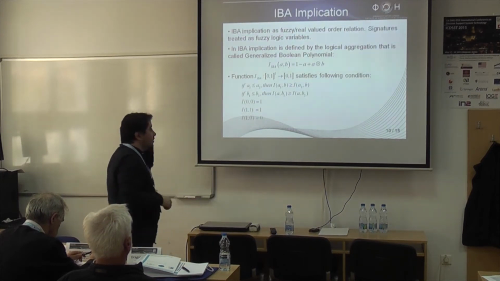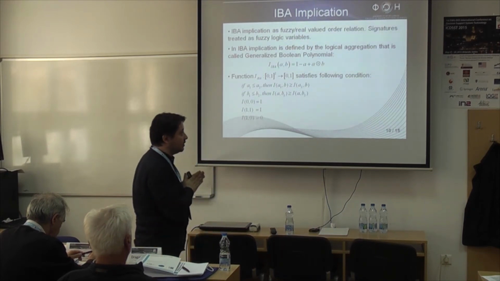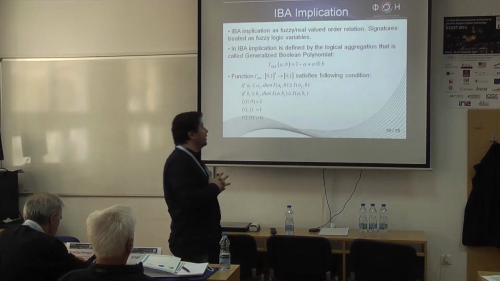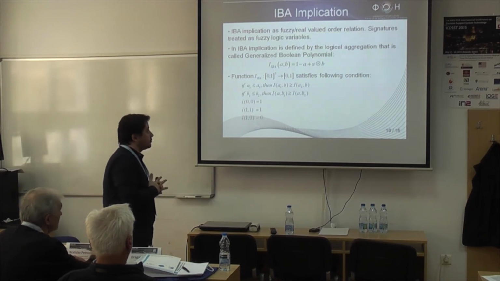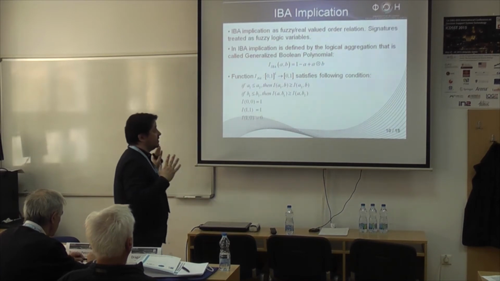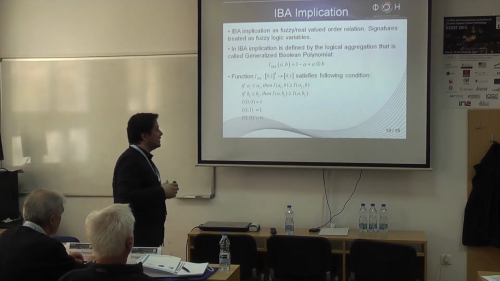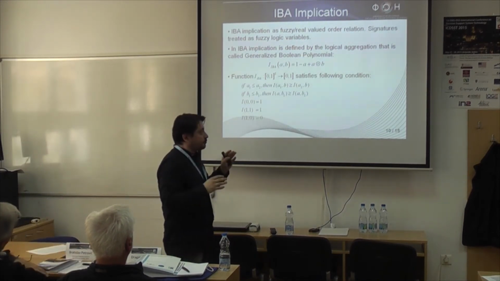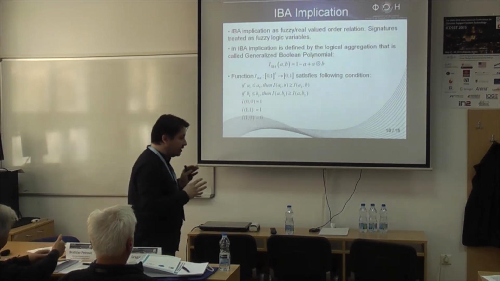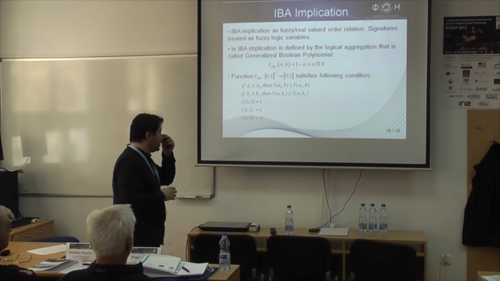In order to establish an order relation between tail signature vectors of different systems, we are going to introduce IBA implication. As I said, the signature vectors themselves are fuzzy logic values, so within that lies the principle of why we are using this. IBA implication is defined by a logical aggregation called a generalized Boolean polynomial.